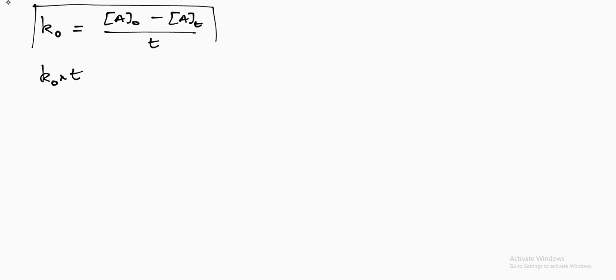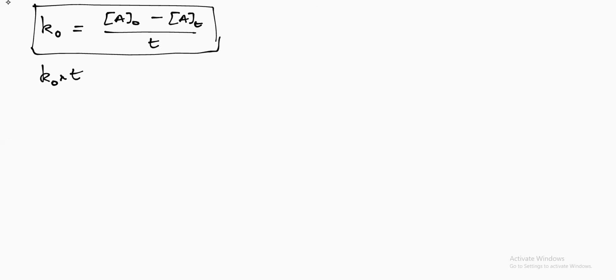So the rate constant K naught equals the initial concentration of the reactant minus the concentration of the reactant at a time t, divided by T. Now let me do some rearrangement here. I'll bring this T here: K naught into T equal to A naught minus AT. Remember, this is the expression for the rate constant for a zero order reaction.